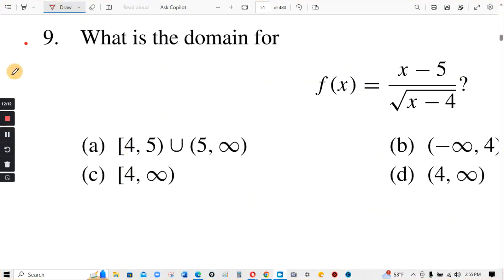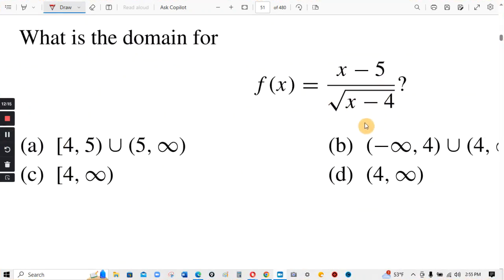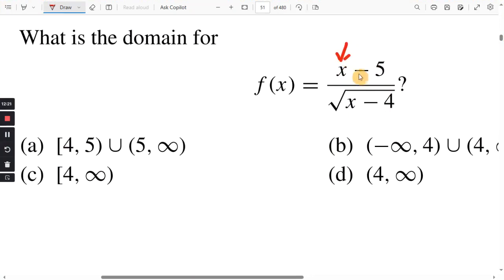Number 9, what is the domain for this function here? Now the numerator, this could be anything. This is just x minus 5. You can plug in anything for x there. The denominator, we said under the square root has to be greater than or equal to 0 for a radical, but it's in the denominator, so it also cannot be 0. So this has to be greater than 0.